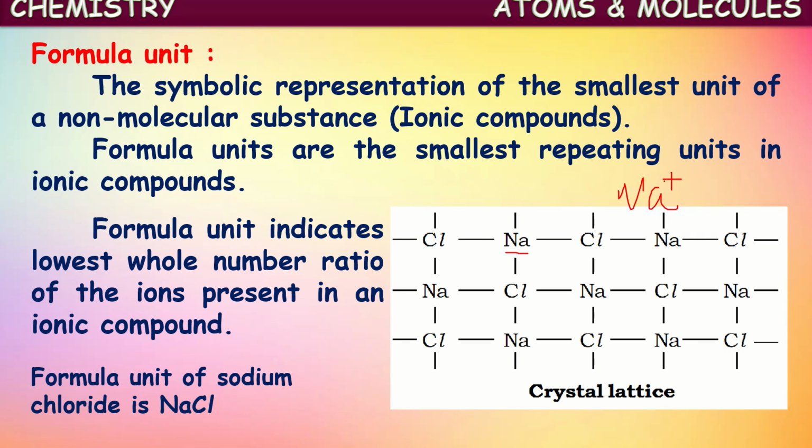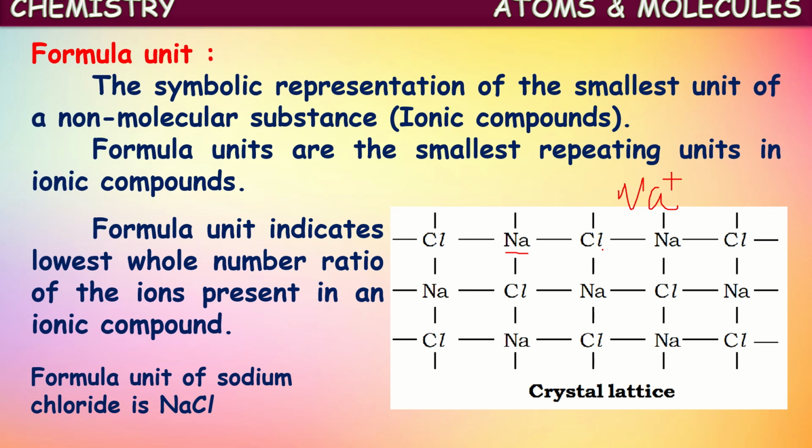So this positive we are writing at the top right, but that does not mean the charge is accumulated at the right top only. This charge is accumulated throughout the sodium atom. So if you consider the right corner, left bottom corner, left top corner, any point of sodium, it is existing with what charge? Positive charge. That means completely throughout the mass of the atom it exists with the positive charge.